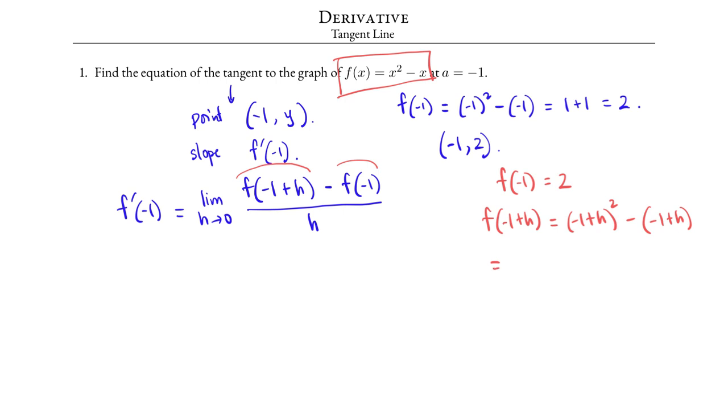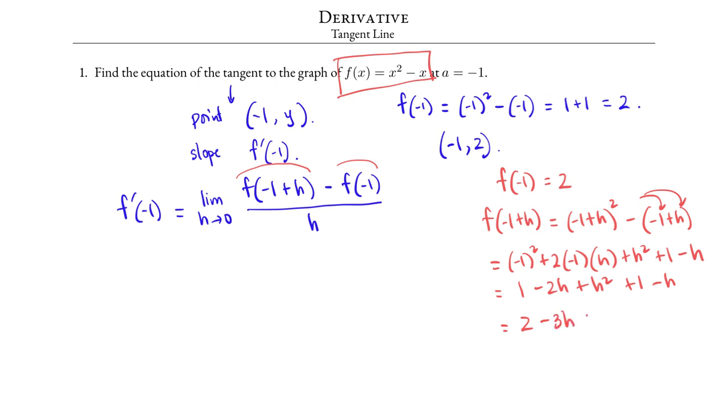-1 plus h, the quantity squared, is -1 squared plus 2 times -1 times h plus h squared. And then we distribute this negative. -1 is +1 and minus h. This is 1 minus 2h plus h squared plus 1 minus h. 1 plus 1 is 2, and so this will give us 2 minus 2h, and another minus h is minus 3h, and then plus h squared.